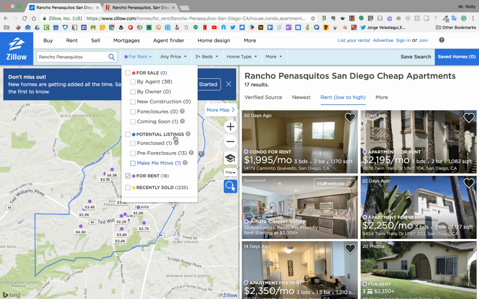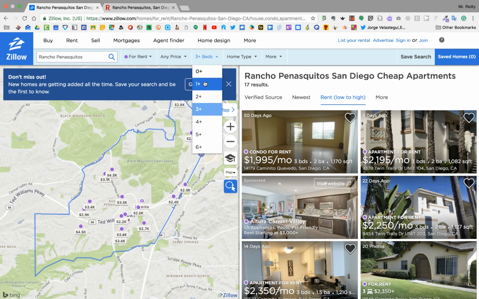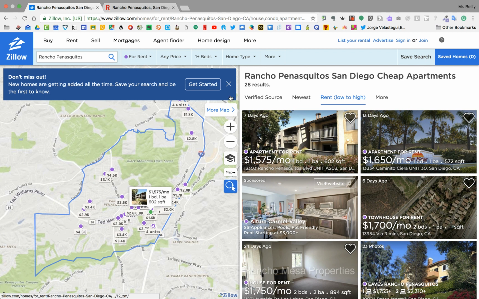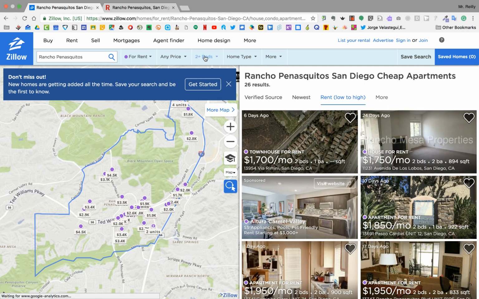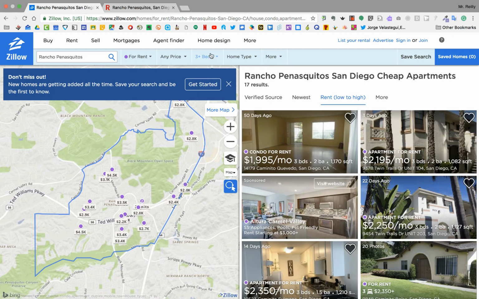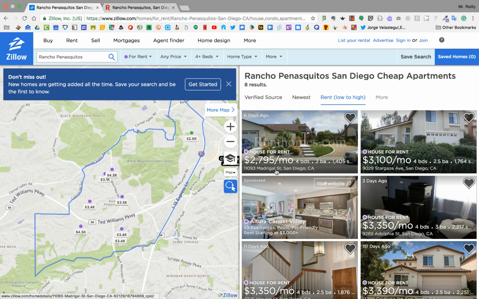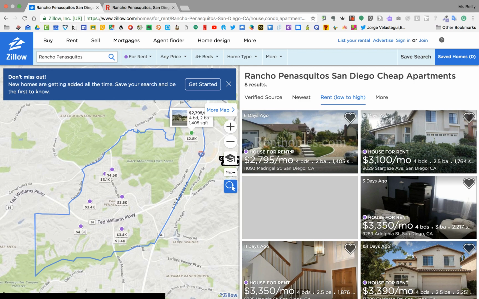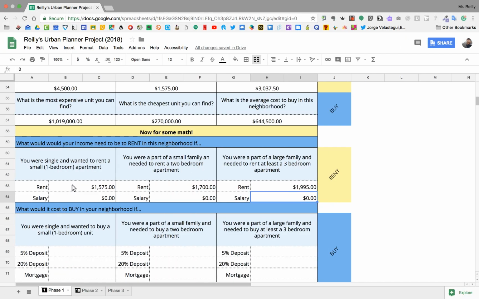I select for rent, and I set either one bedroom, and I selected price low to high, two bedroom, and then obviously three bedroom. You could go four bedrooms and up and see how costly it gets. But we can stick with those three data points.